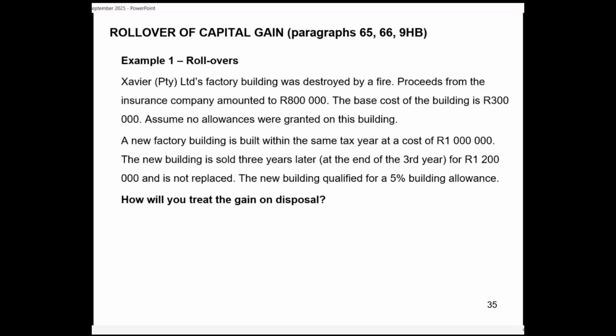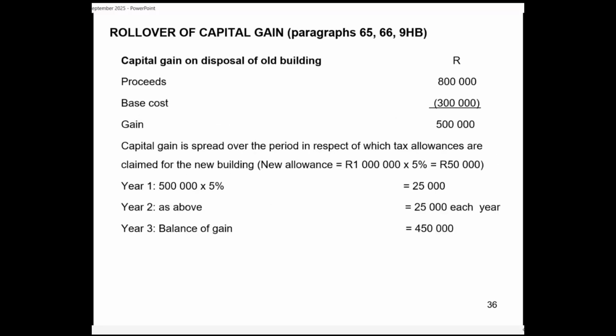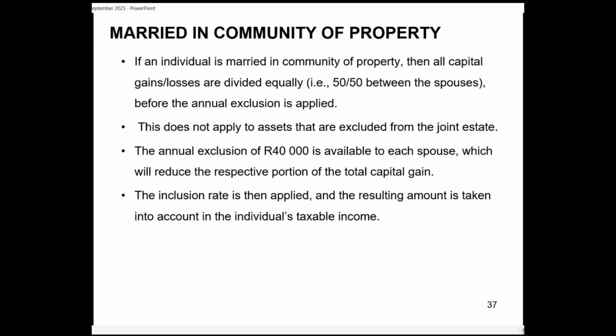We are left with 2 minutes, so we'll do the rollover on Saturday. On Saturday, we'll do the rollover of capital gain, and also the calculation and marriage in community of property.